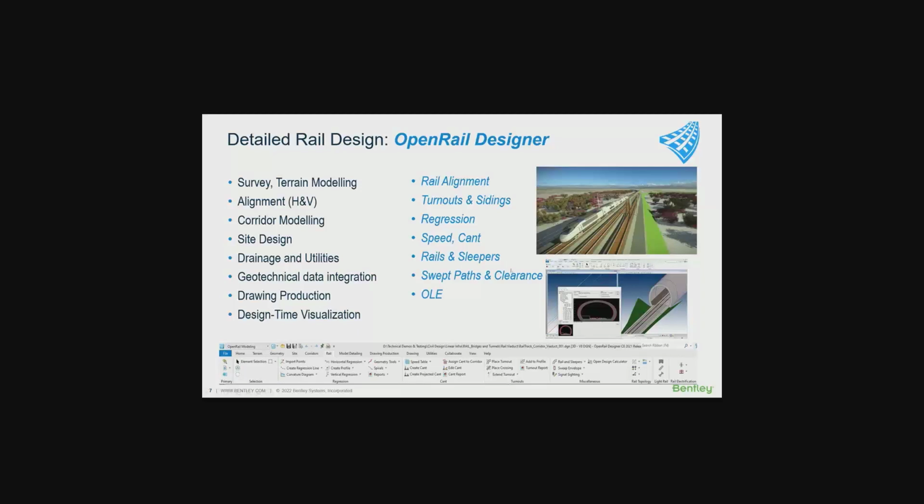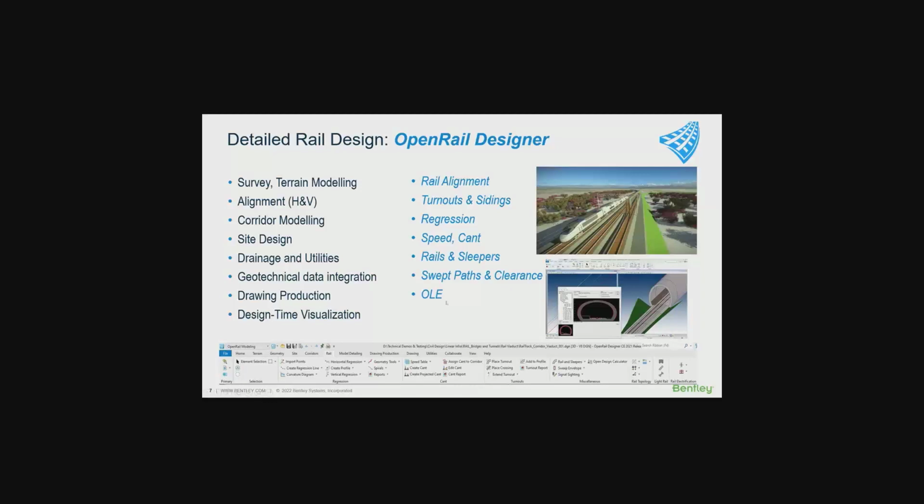Okay, and if you wanted to have more detail, you can add rails, you can add sleepers, you can even do some swept path or clearance checks, and then a minor overhead line electrification modeling.